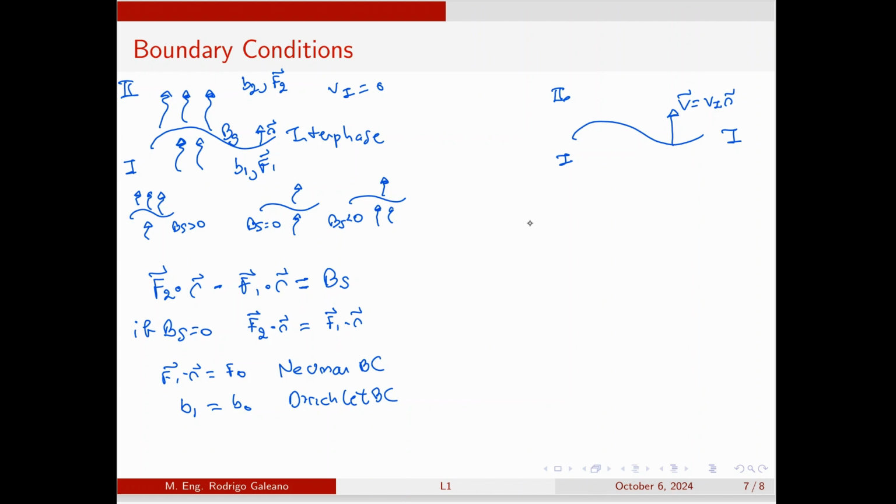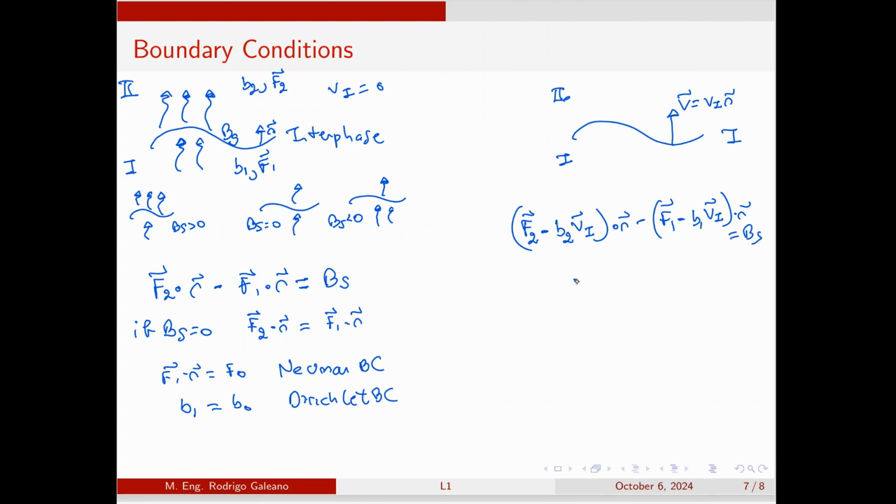The moving interface doesn't see just F2, but rather it sees F2 minus a fictitious flow that is given by a concentration times a velocity. I take the normal component again, just like before, and then I subtract F1. But the interface doesn't see just F1, but rather the difference between F1 and B1 times the velocity of the interface. I take this normal component, and this should be equal to the generation term.